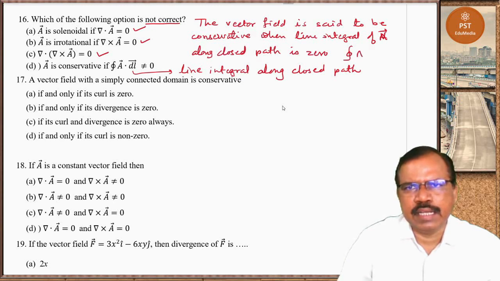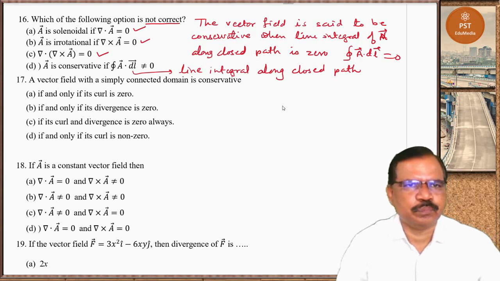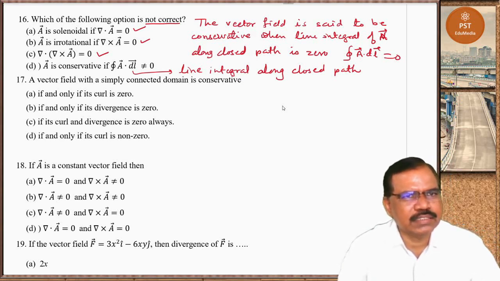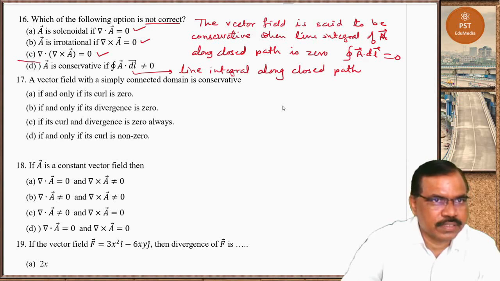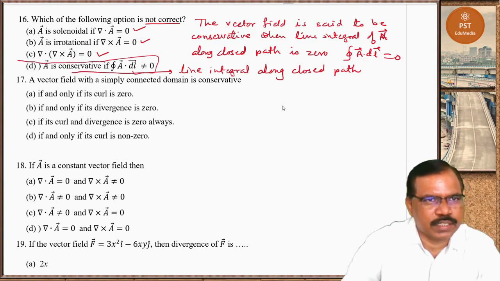That is, the integration of A dot dl is equal to 0. But what is given here? A is conservative if the integration along a closed path of A dot dl is not equal to 0. So this is not correct. It must be 0 for conservative.